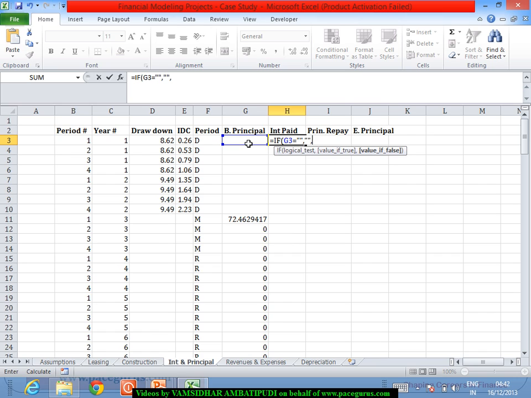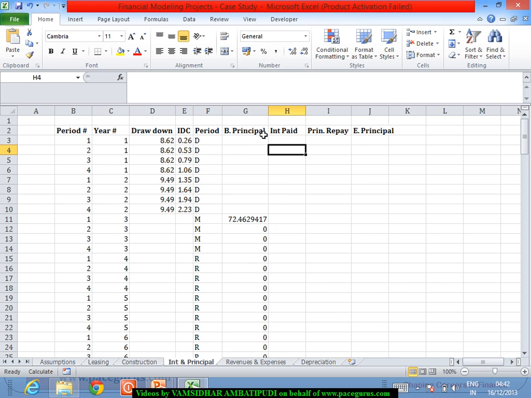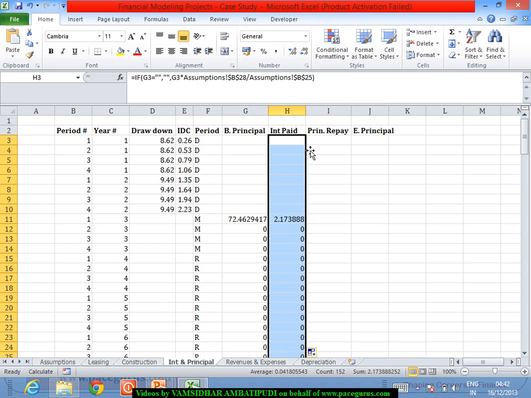Otherwise, I will take the principal value multiplied by the rate of interest assumption, divided by the frequency. For the drawdown as well as the interest repayment, I am taking the frequency as the same. Because this is a quarterly repayment, I am making this kind of an assumption straightforwardly. So the interest repayment part is coming out at this layer.